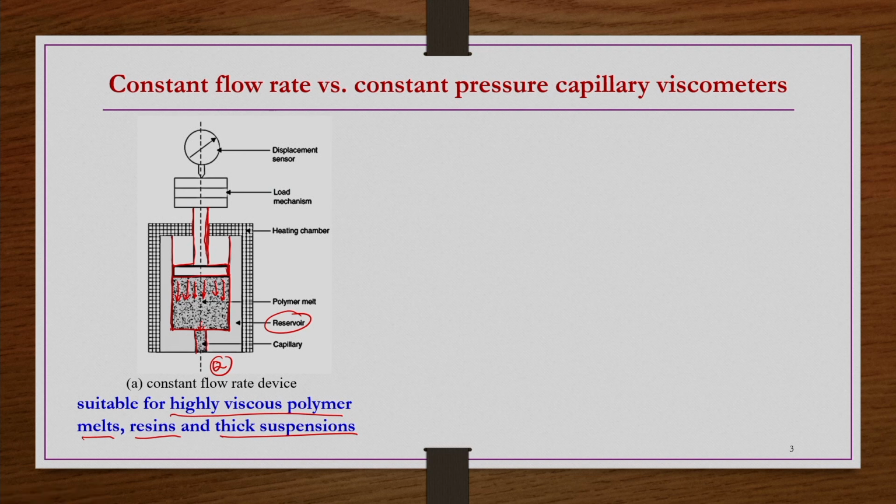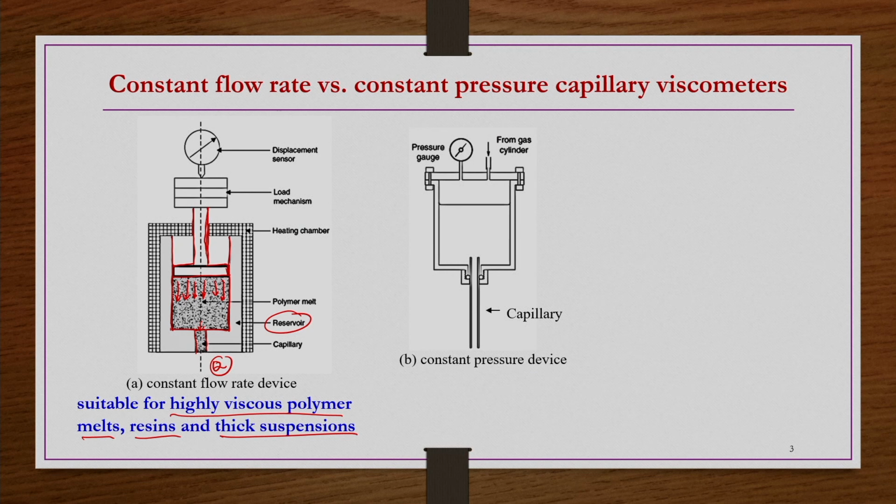So, accordingly your flow rate is going to decrease, and another mode of operation is possible. You maintain constant pressure, and then whatever the flow rate is there, you can collect it. Right. So, here you have a pressure gauge. The operation is very similar. You have a reservoir, and at the bottom of that reservoir you have an opening.